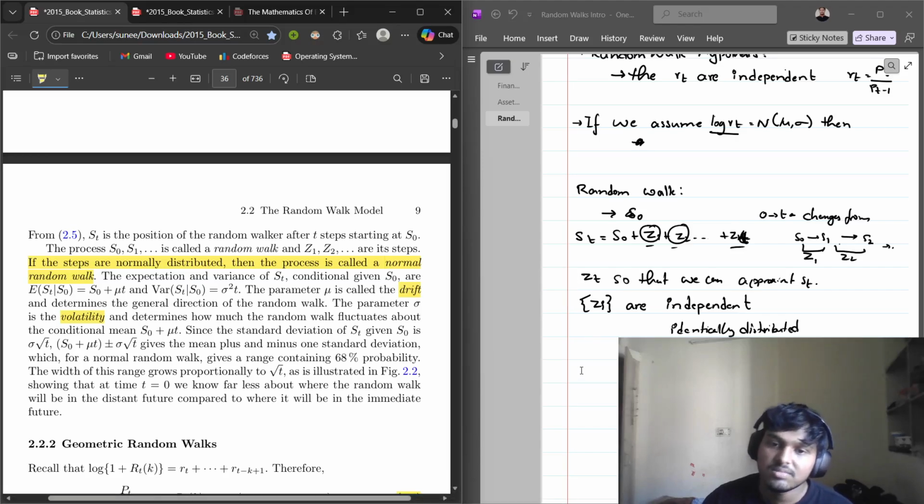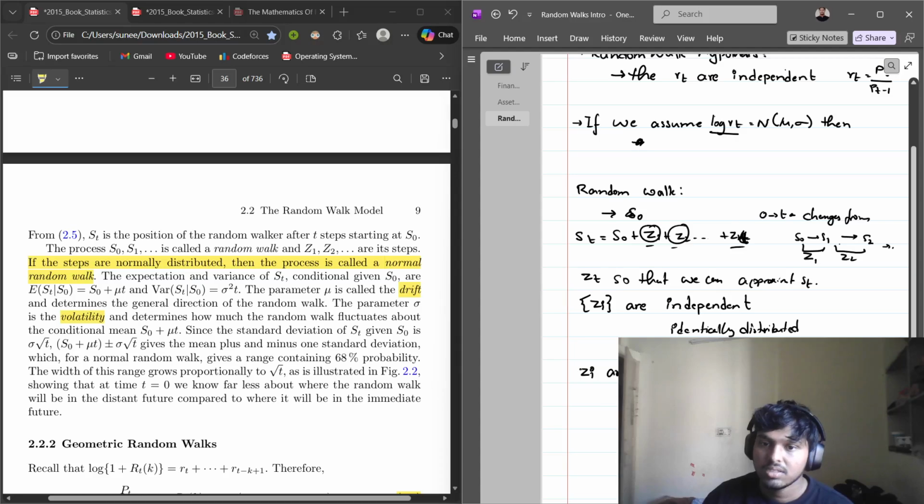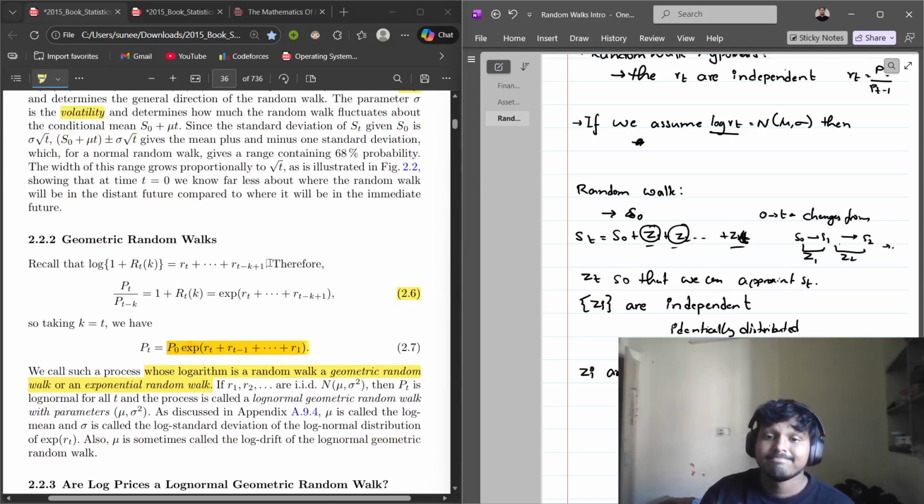So if we assume that they are normal, then it is a normal random walk.